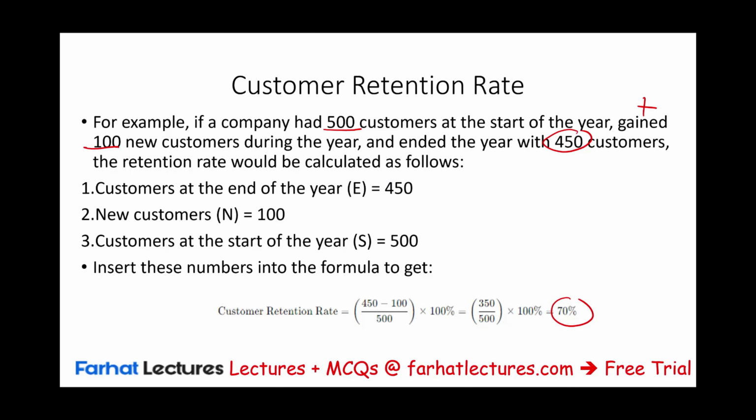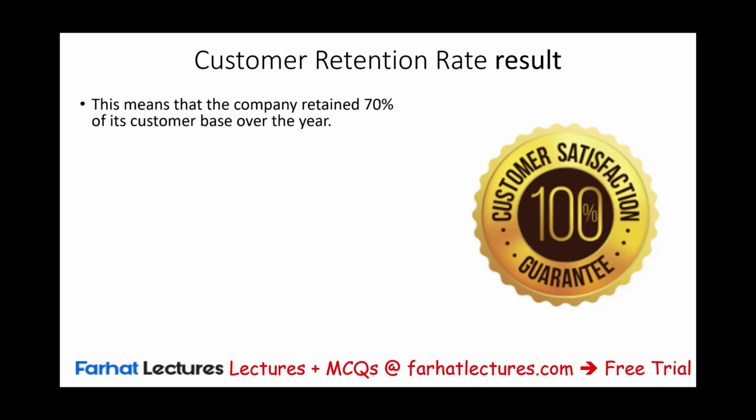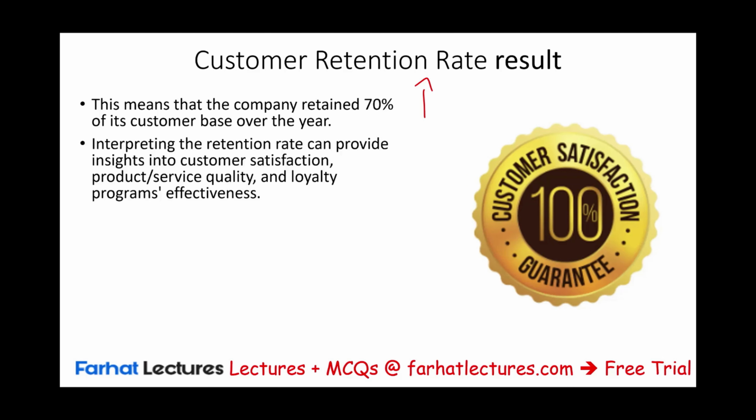Well, we need to interpret the 70%. This means that the company retained 70% of its customer base over the year. Now, the higher you can retain, the better off you are. Hopefully, you can retain 100 if you can. That's the best. So, interpreting the retention rate can provide insight into customer satisfaction, how well customers are happy, product and service quality, because if they are happy and you have a good quality, they will stay, and how loyal they are.